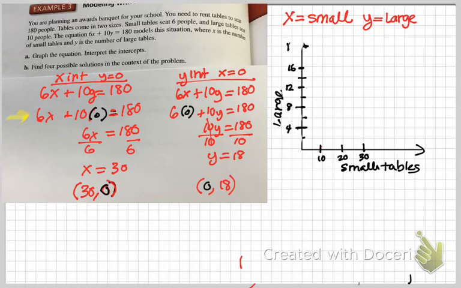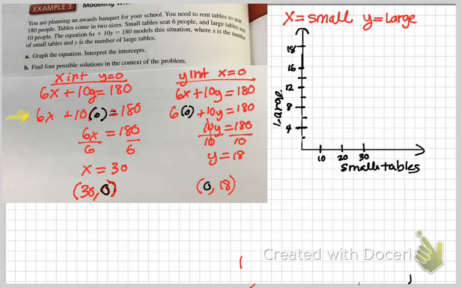I'm going to make that a little bit clearer. I'll erase it and make this one 18.